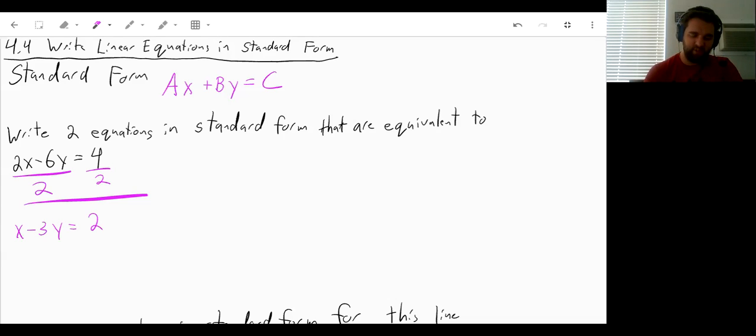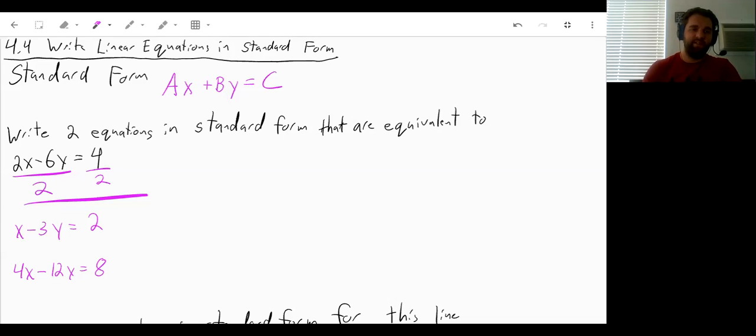So 2x times 2 would get us to a 4x, 6y times 2 would get us to a 12y, and 4 times 2 gets us to 8. That would also be equivalent. Or you could multiply by 3 and divide by 2. Like, you don't have to just multiply or divide by whole numbers, you can do fractions as well.